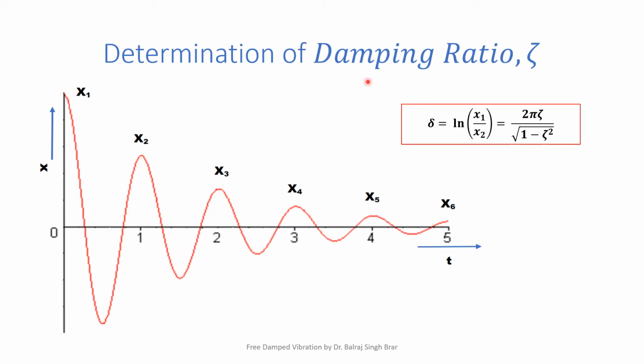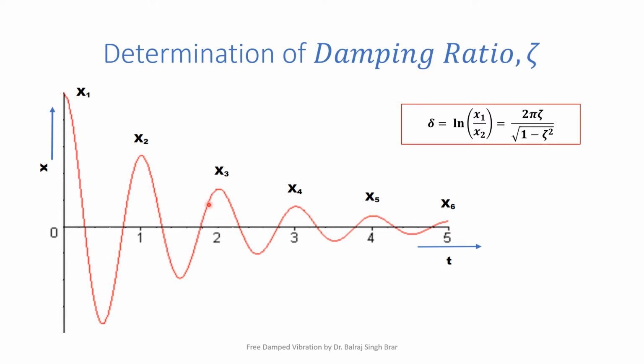Determination of damping ratio zeta. In the underdamped vibration system, the vibration profile or plot is as shown. Amplitude at the start, at time 0, is let x1. After completion of one cycle, it becomes x2.